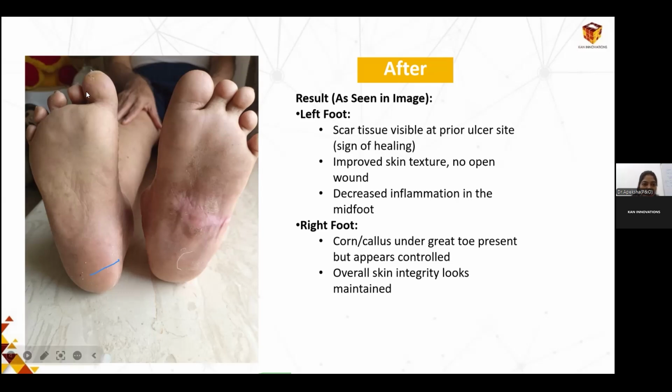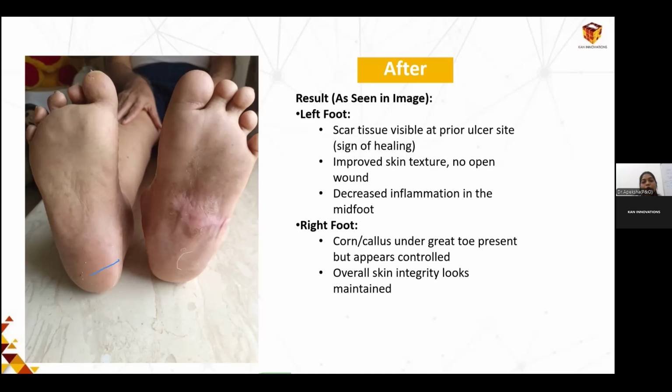On the right side here, he had a callus, but now it is controlled and there is no hardening as such. Overall skin integrity looks maintained. The patient returned to his normal life, his wound is no more, his diabetes is controlled, and he can walk normally. This is the outcome of this case and personalized intervention.